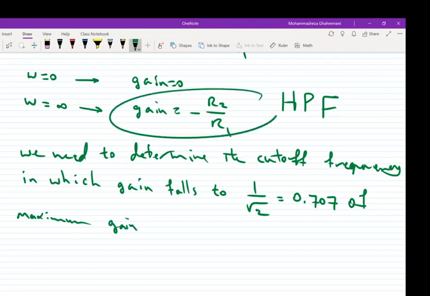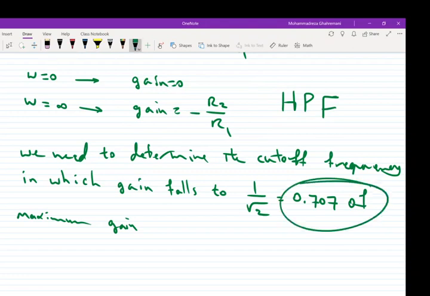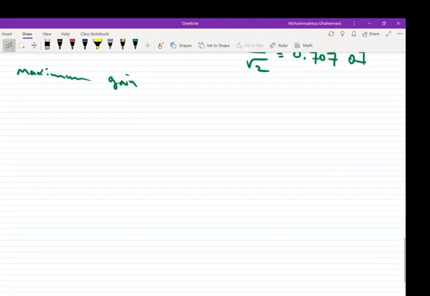So negative R2 over R1 is the maximum gain, so we should reach 0.707 of maximum gain, which is negative R2 over R1. How can we do that?